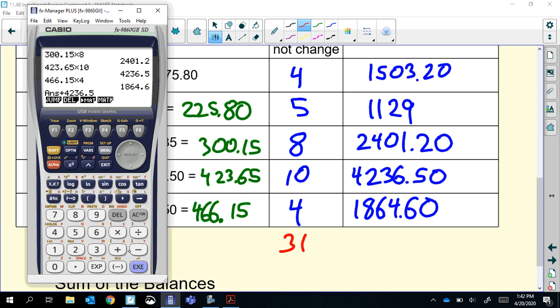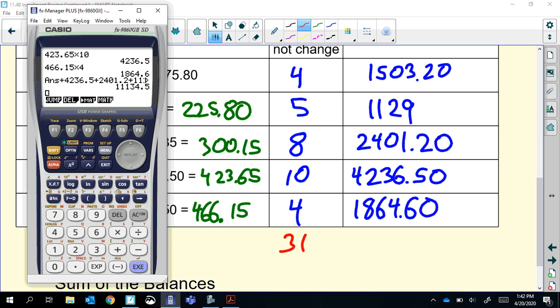4236.5 plus 2401.2 plus 1129 plus 1503 and 20 cents.